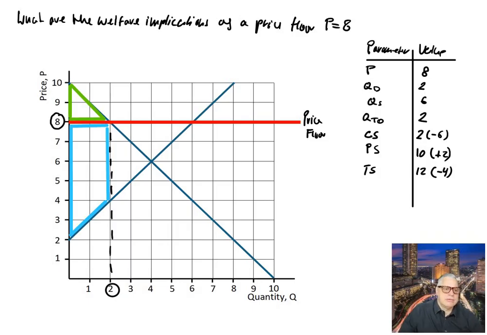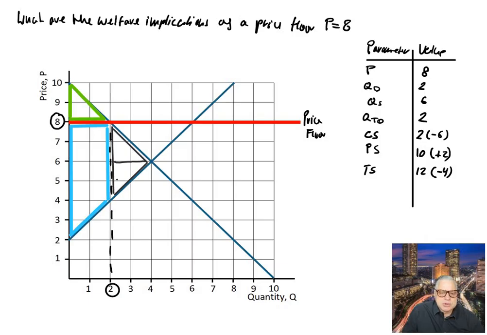And now again we can see that the deadweight loss is this area here. So this triangle here is the deadweight loss, because that used to be partially consumer surplus.